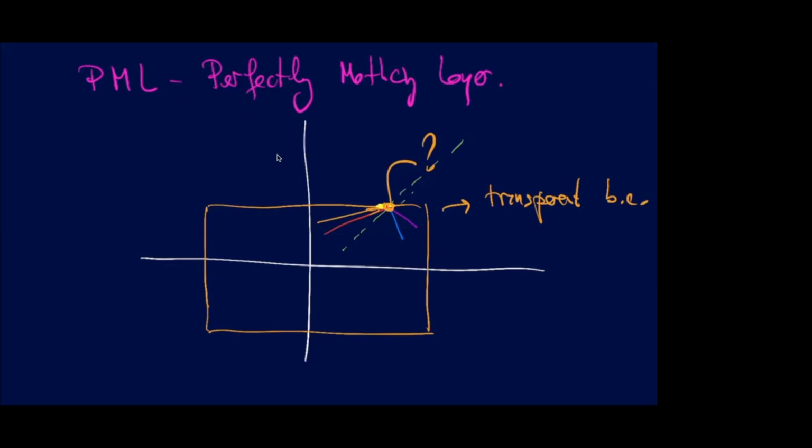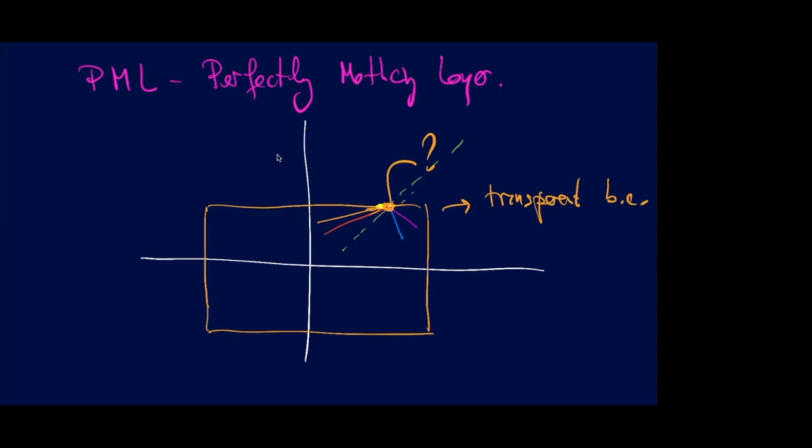Of course, in 1D, the problem is simple because when you are sitting on the left, the only thing you see is one single ray coming. So you can adjust the boundary condition: dx plus minus dt equals 0. And when you are on the right, the same. In 1D, only waves can be coming from the left, always, along the domain. And therefore, you can impose the boundary condition at x equal L to be dx plus minus dt equals 0 with the corresponding signs, left and right.